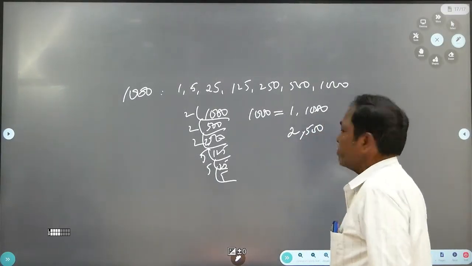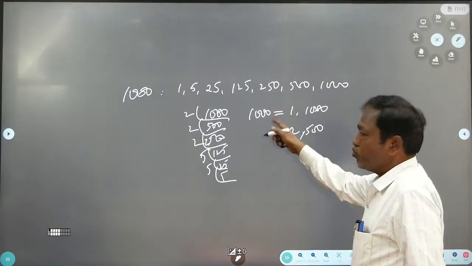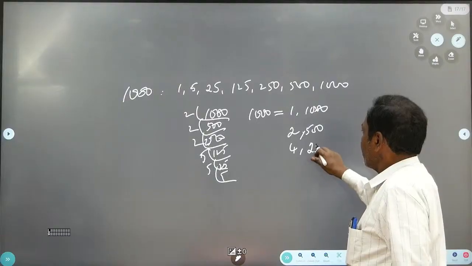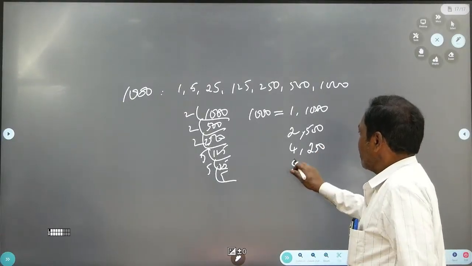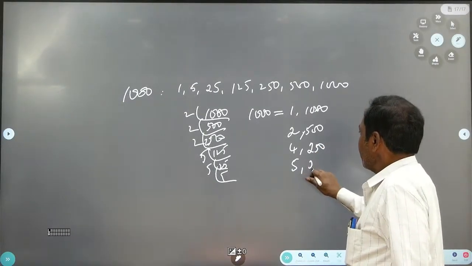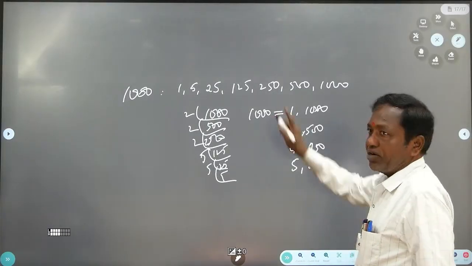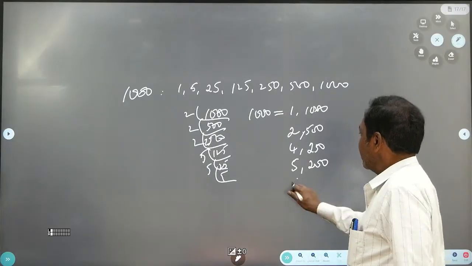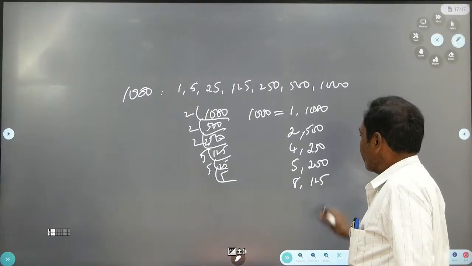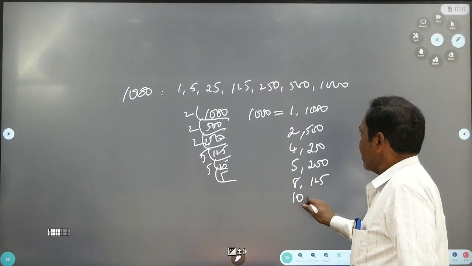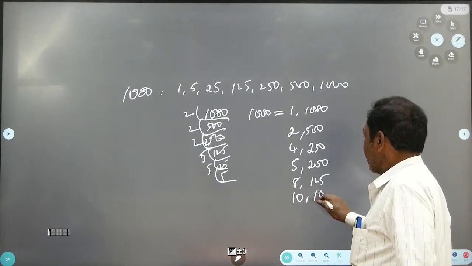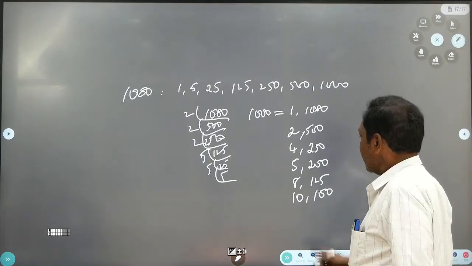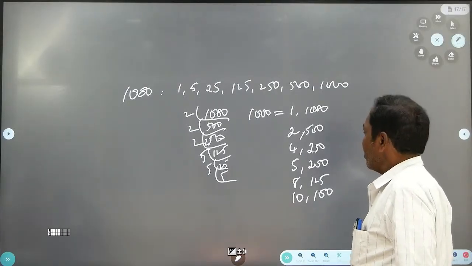Again, 3 is not possible, 4 you can take, since the last 2 digits are 2 zeros. 4 into 250. 5, yes, possible, 5 into 200. 6, 7, 8, 8 into 125. 9, 10 into 100. 11, 12.